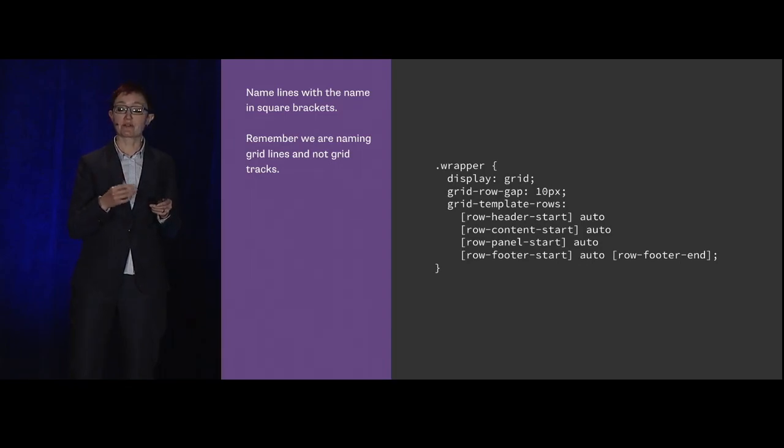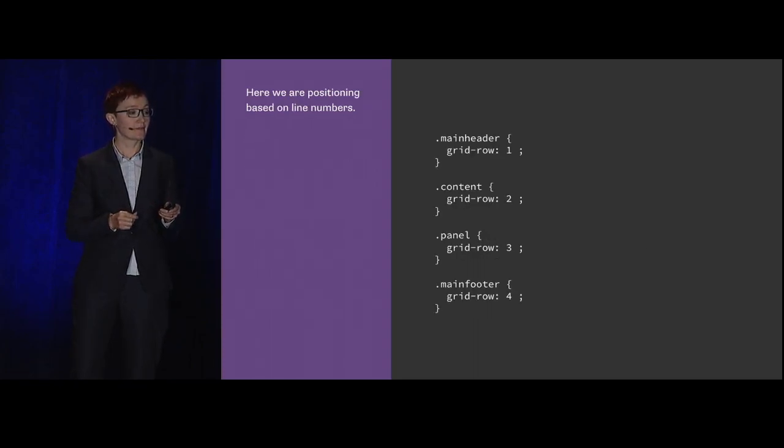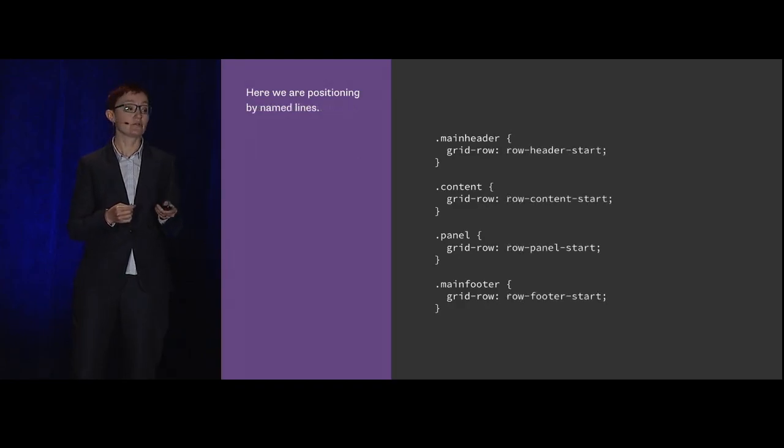And the value there, in this case we've got auto because we want our tracks to be auto, comes after the line that I'm naming. We're actually naming the line and not the track. That's important to remember.